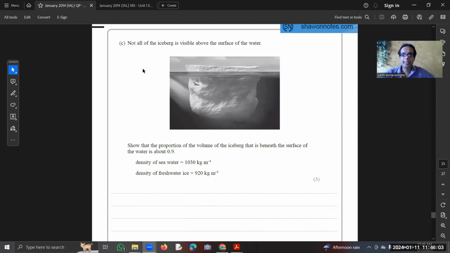Not all of the iceberg is visible above the surface of the water. Show that the proportion of the volume of the iceberg beneath the surface of the water is... So two forces are balanced. Upthrust is acting upward, balanced by the weight. Both are equal.